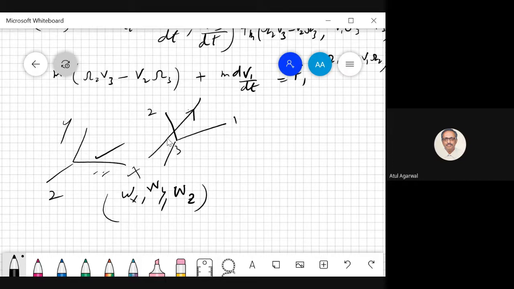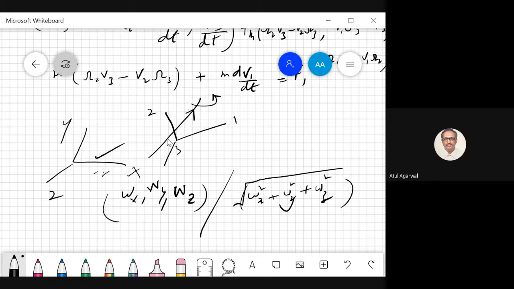It is going around about this axis. What is this axis? It will be given by a unit vector. The magnitude is omega x square plus omega y square plus omega z square, so you divide by this and you get the direction of the axis of rotation, and the magnitude will be this vector magnitude.